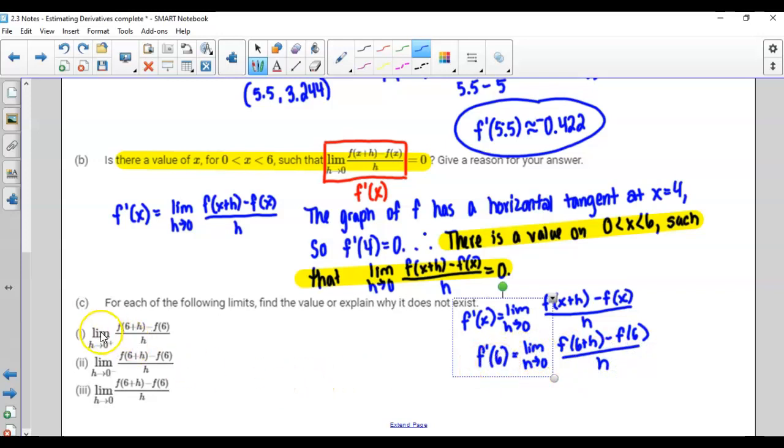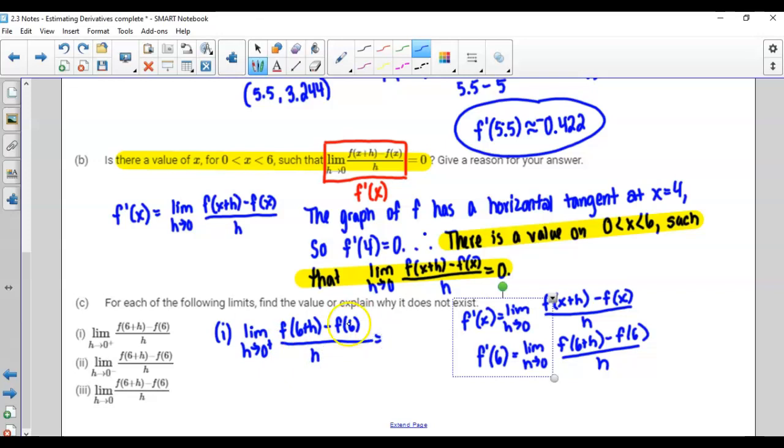Now we look at it from the right, from the left, and at 0. So for each one, we're supposed to find the limit, or explain why it does not exist. And so for our first one, for part i, we have the limit as h approaches 0 from the right of f of 6 plus h minus f of 6 all over h.